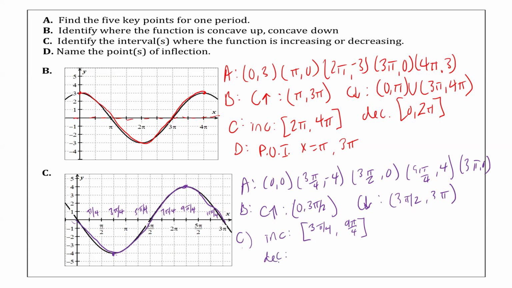Where do you decrease? 0 to 3 pi over 4. And 9 pi fourths to 3 pi. And so based on all of this, what are my POIs?